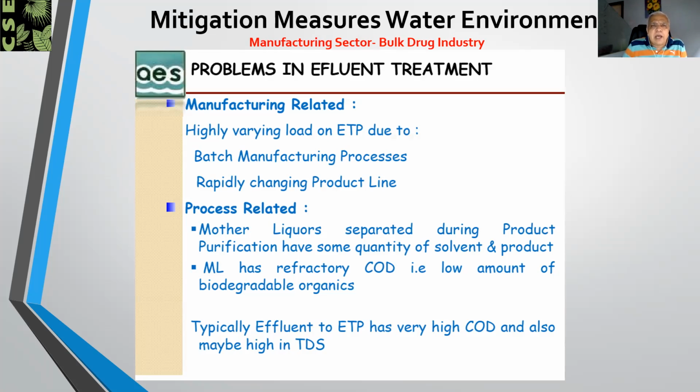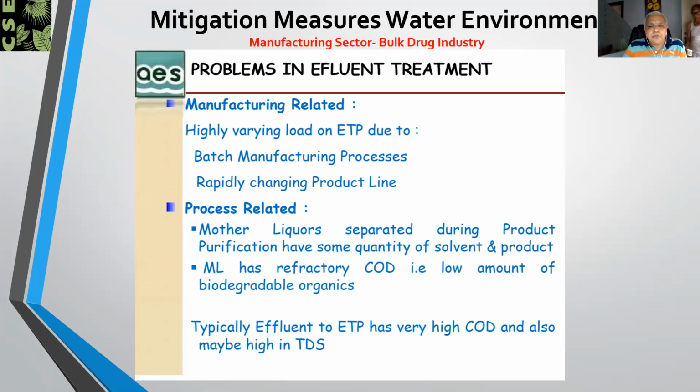As per the demand of the product, their effluent quantity changes. Now, the effluents which are produced can be like mother liquors separated during product purification, or which have very high refractory COD and a low amount of biodegradable organics.